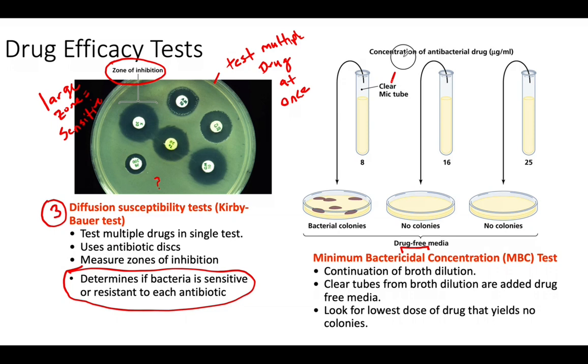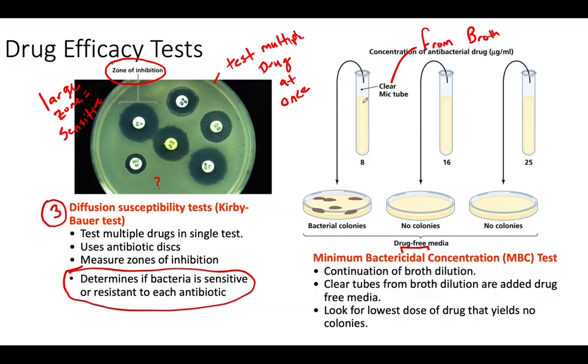So this is, as we just mentioned, from that broth dilution test. Okay. So clear from the broth dilution test means there's no growth, but what we want to find out is, even though the bacteria aren't growing, are there any live bacterial cells present in any of those tubes? So these are the concentration of that drug.